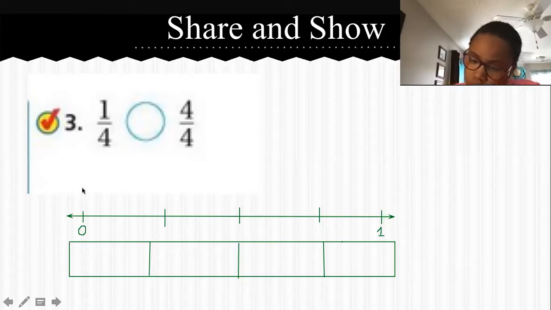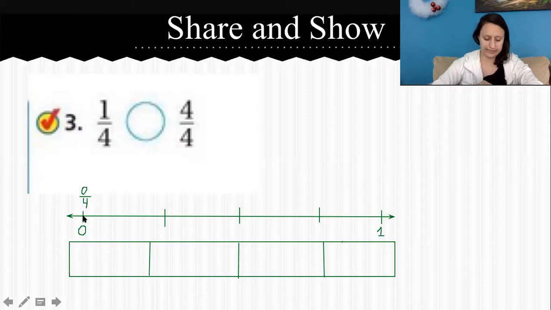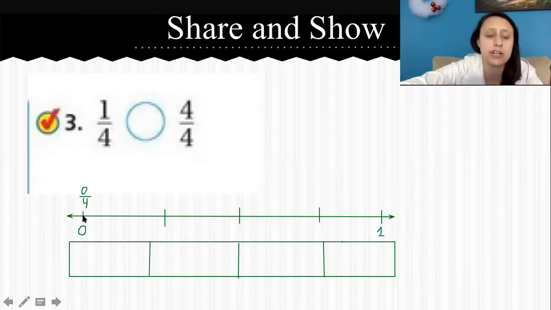This fraction would be 0 out of 4 sections, because if I'm right here on my fraction or on my number line, I have not traveled through any sections, okay?